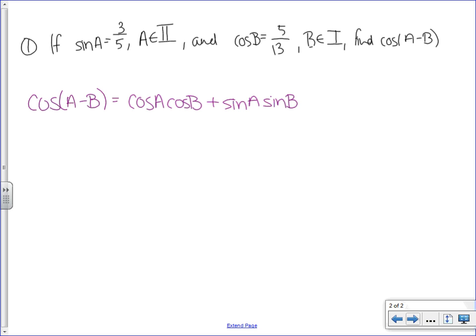And it's nice because in the actual problem they told me that the sine of A was equal to 3/5, so I'll plug that in. They also told me that the cosine of B was 5/13, so I can plug that in.